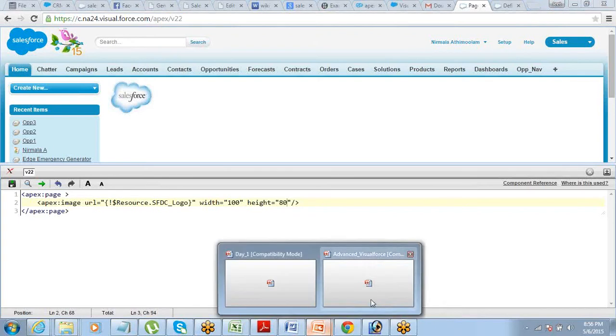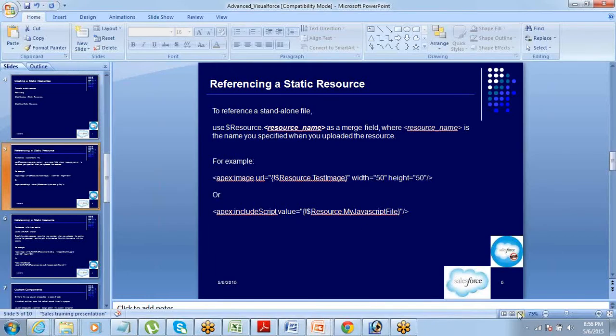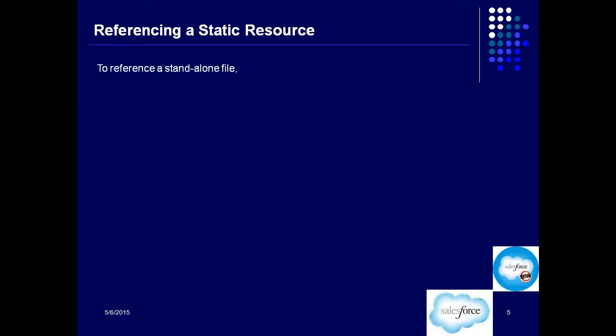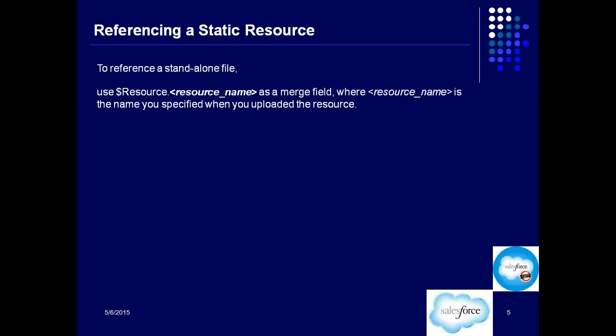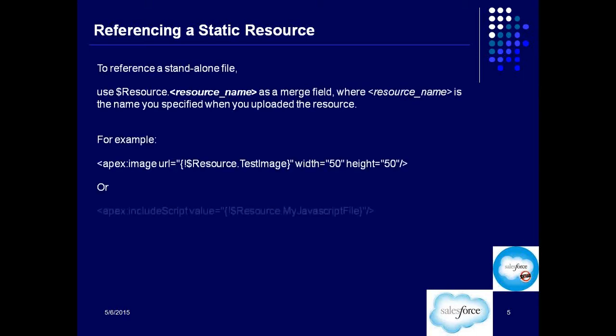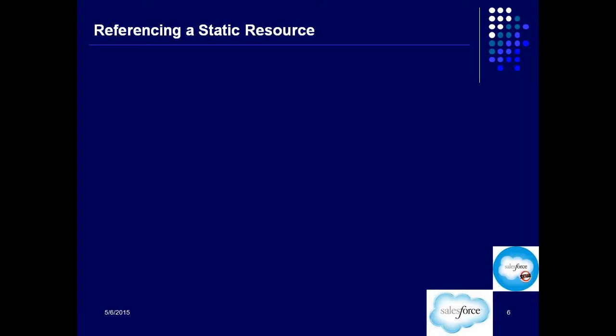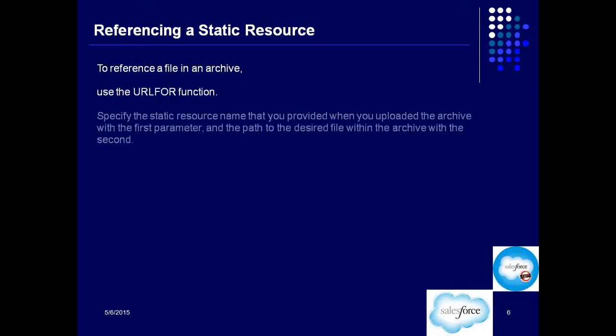So this is one way of referencing a static resource. If it's a standalone file, you can simply use $Resource dot the file name. It can be a JavaScript file or anything. If it is inside a directory in an archive, use the URLFOR function.